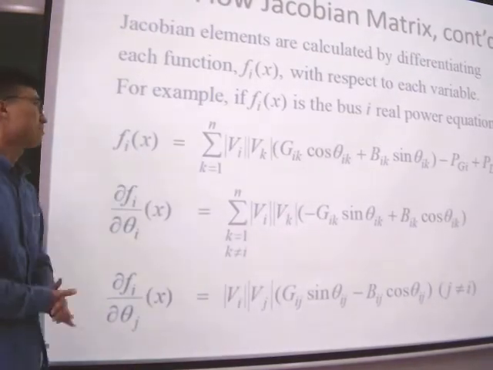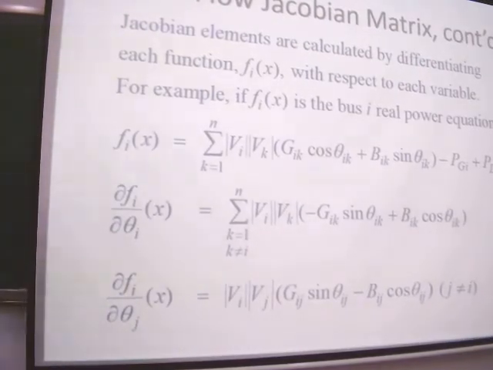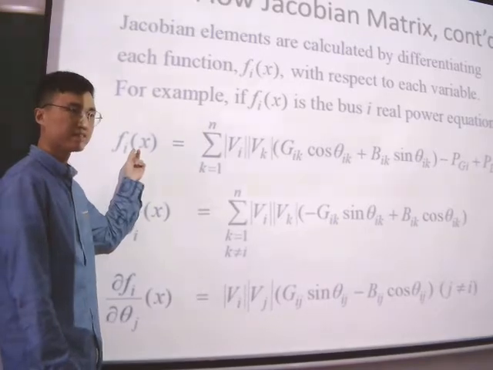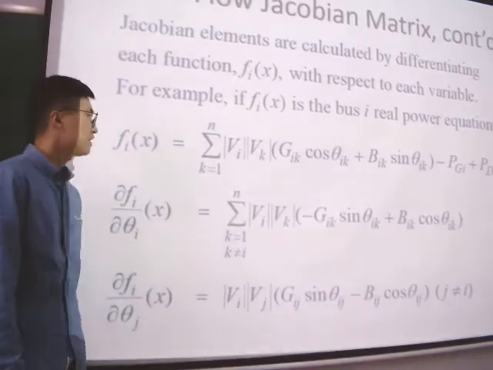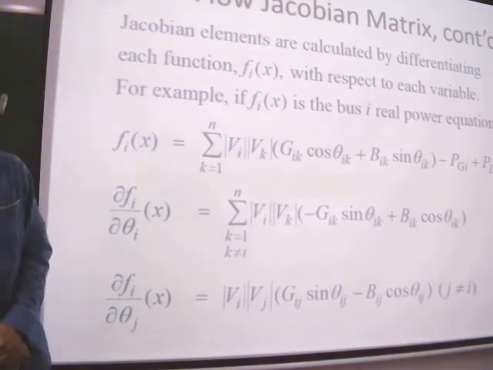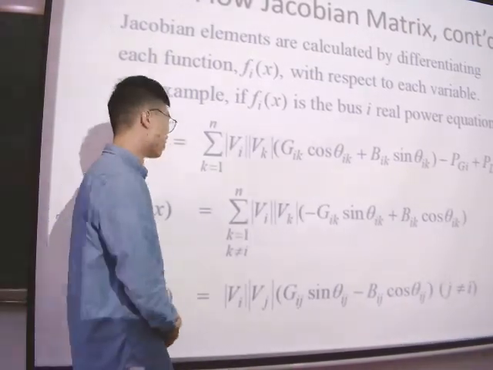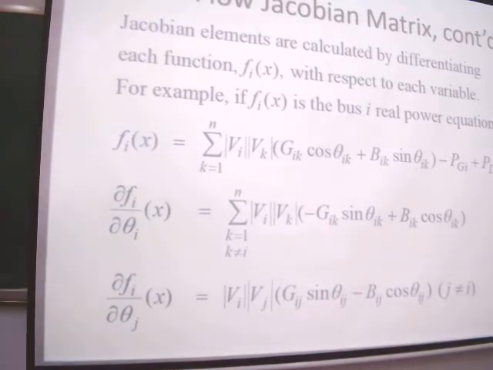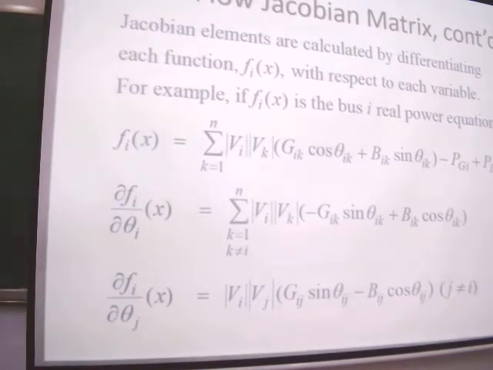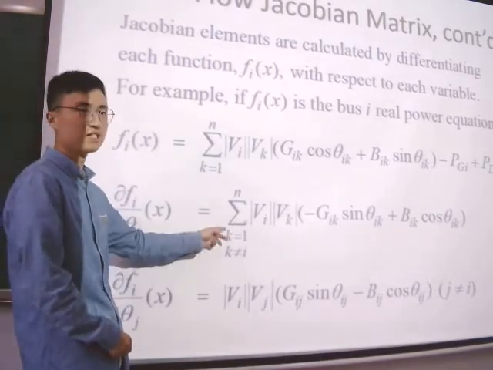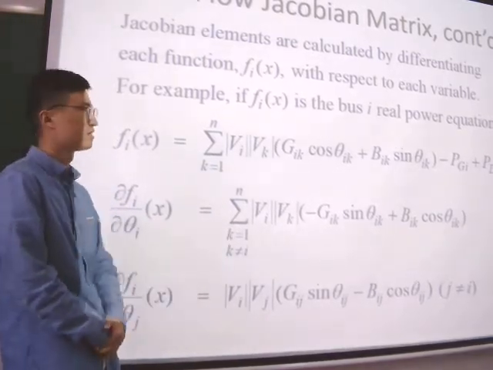Right, here is the iteration x. So if we differentiate this with respect to the angle at bus i, how do we do it? Do you know how to calculate this?